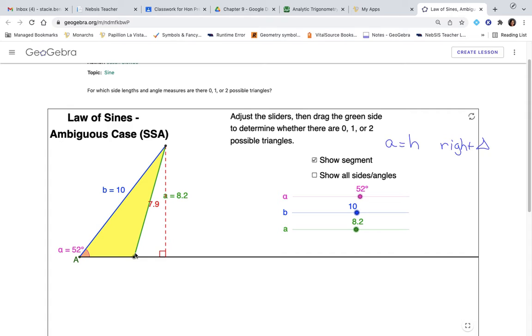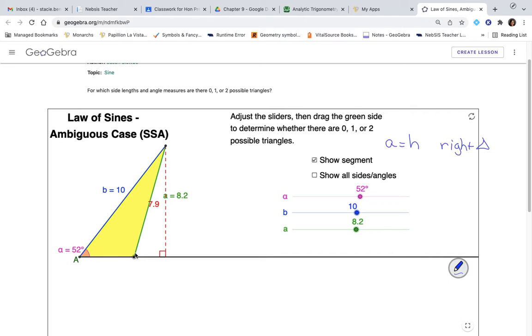Okay, why was that? Well, A is currently smaller than B, right? But it is also bigger than H, isn't it?